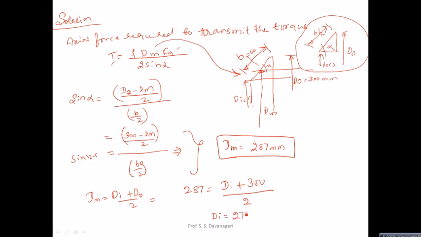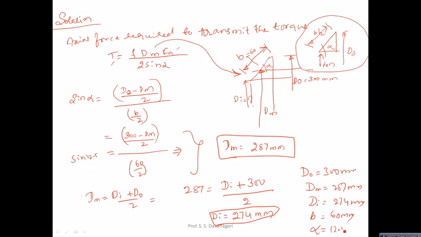So now let us calculate the inner diameter. Mean diameter dm equals Di plus do divided by 2. Now 287 is the mean diameter. We don't know the inner diameter, we have the outer diameter. If you solve this, you are going to get Di equal to 274 mm.